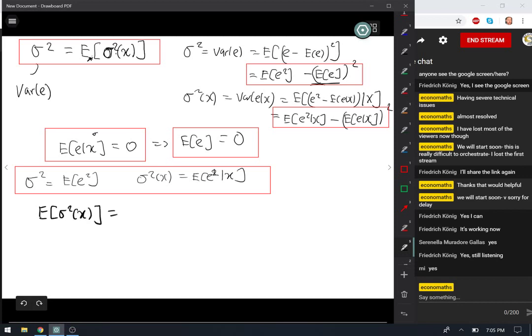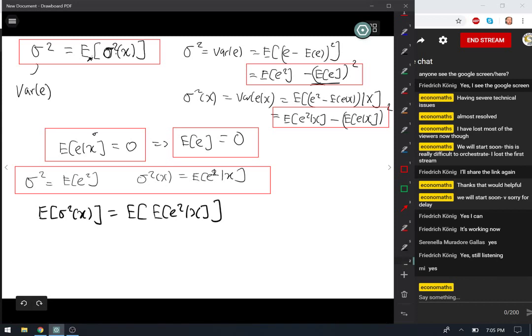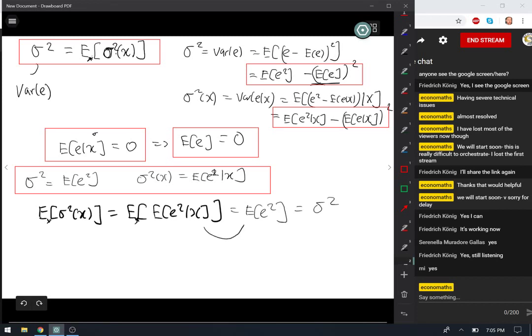That just means plugging in E[e squared given x]. Sometimes it's clearer to write explicitly that we're taking the average with respect to x of this. Then by the law of iterated expectations, this equals E[e squared], which is just sigma squared by definition.